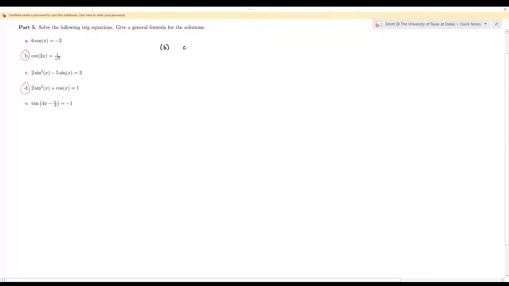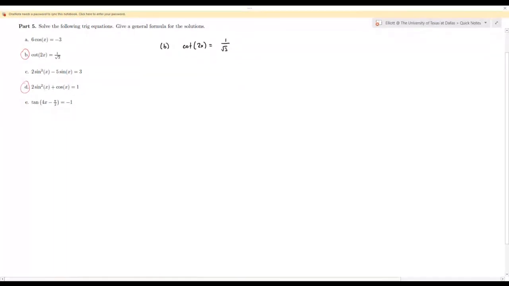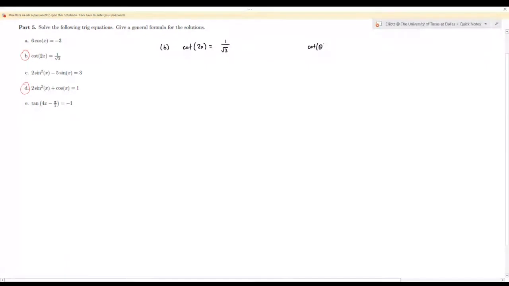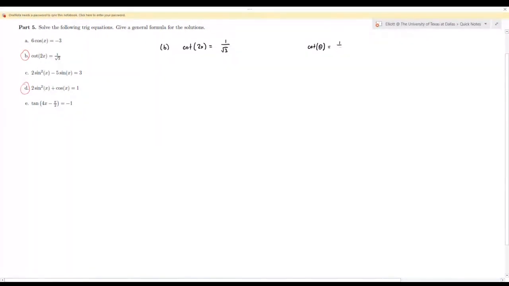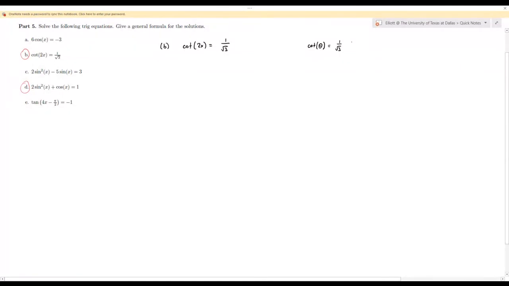So in part B, we have cotangent of 2x equal to 1 over root 3. The first thing you can think about is for what angle theta does cotangent of theta equal 1 over root 3.